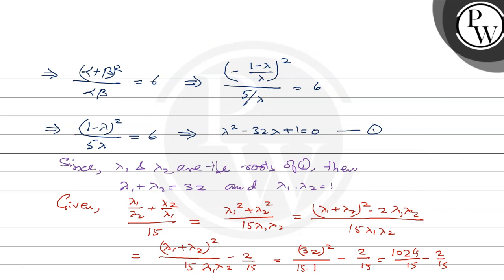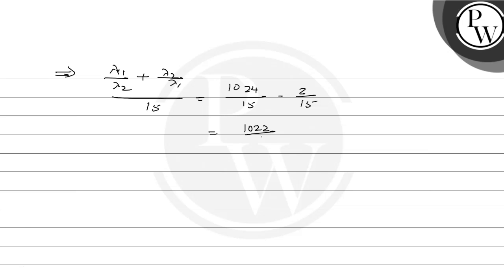So finally we are getting the value of lambda 1 over lambda 2 plus lambda 2 over lambda 1 divided by 15 is 1024 divided by 15 minus 2 over 15, and finally we are getting 1022 divided by 15.